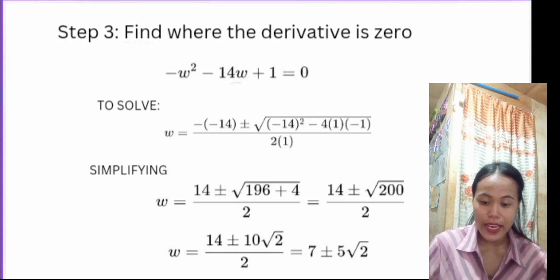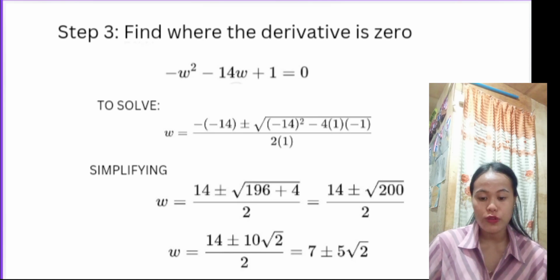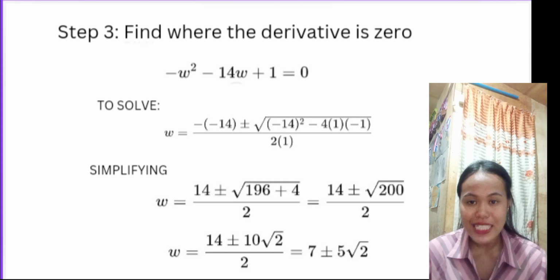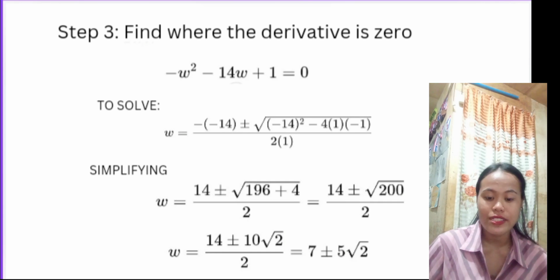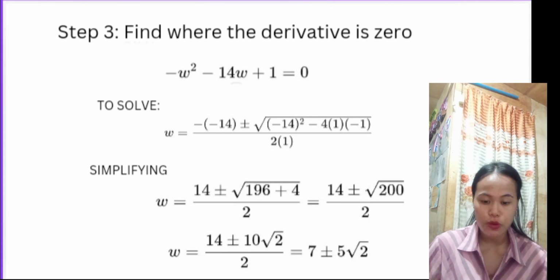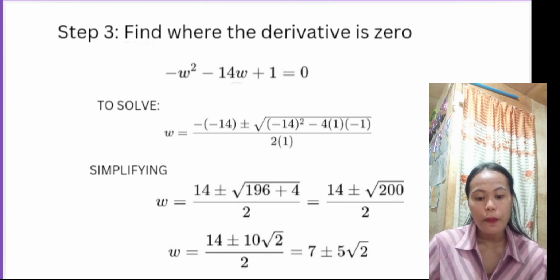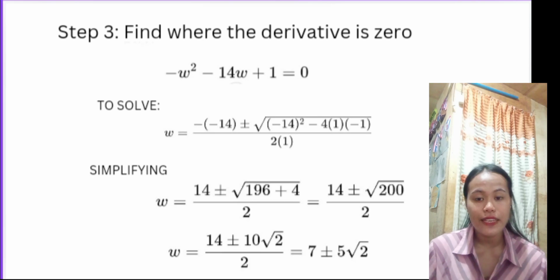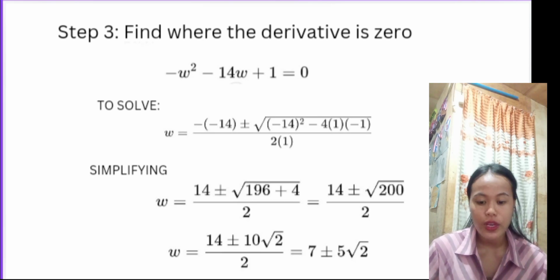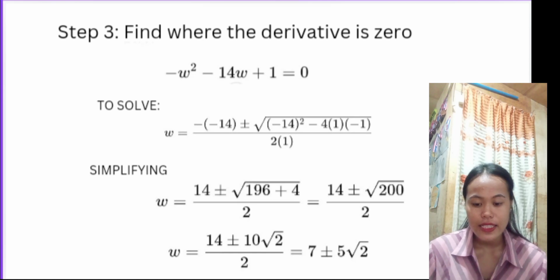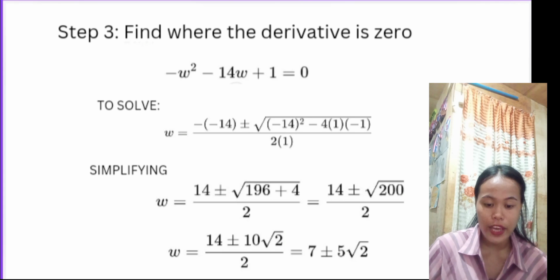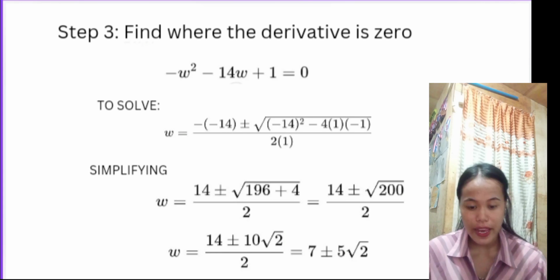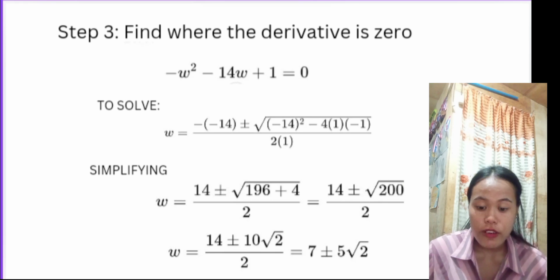To simplify, w is equal to 14 plus or minus the square root of 196 plus 4, over 2, which is 14 plus or minus the square root of 200, over 2. Then w is equal to 14 plus or minus 10 square root of 2, all over 2, which equals 7 plus or minus 5 square root of 2.